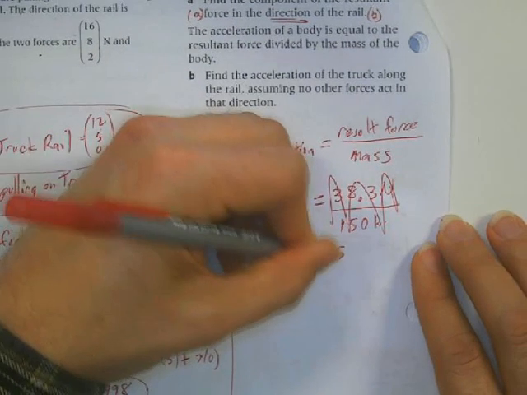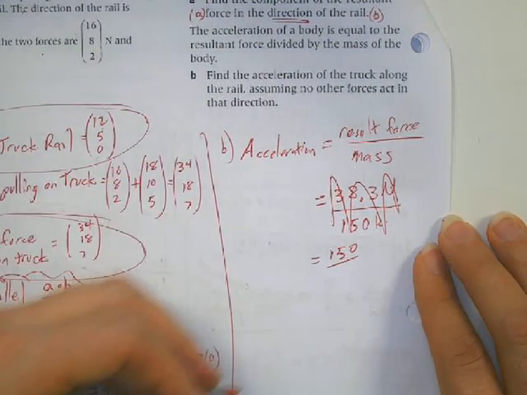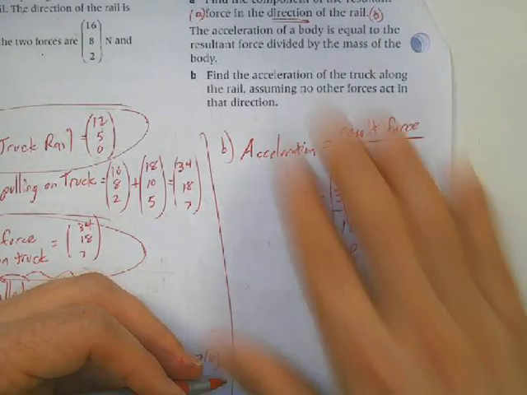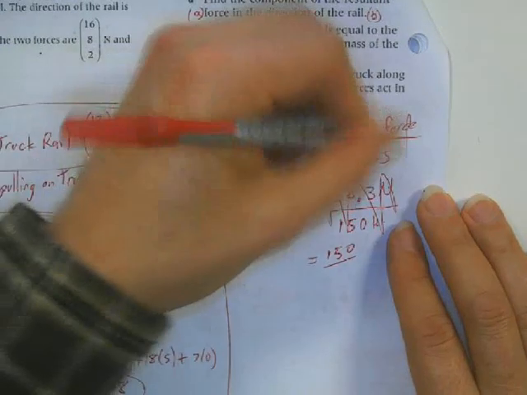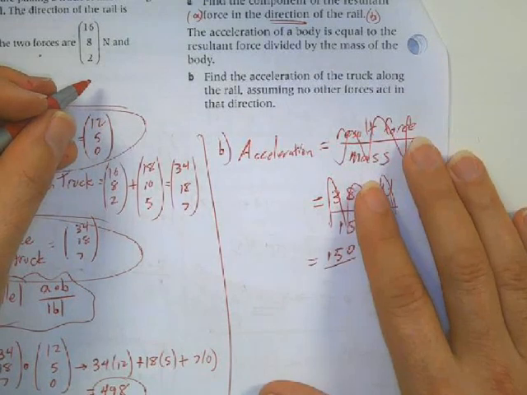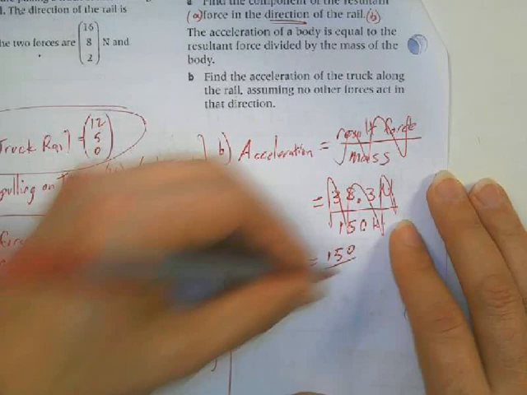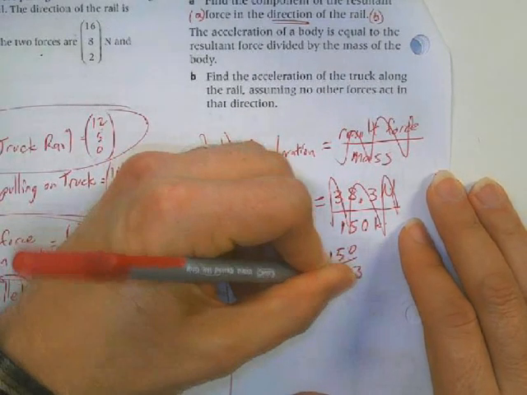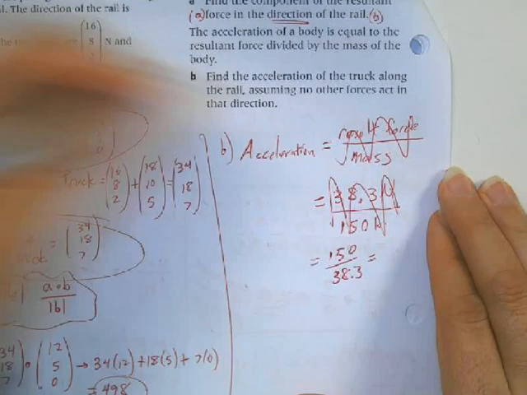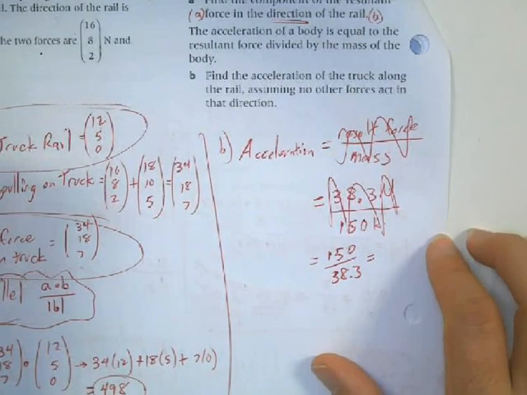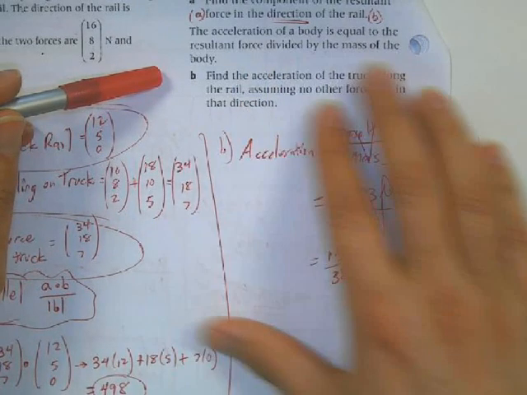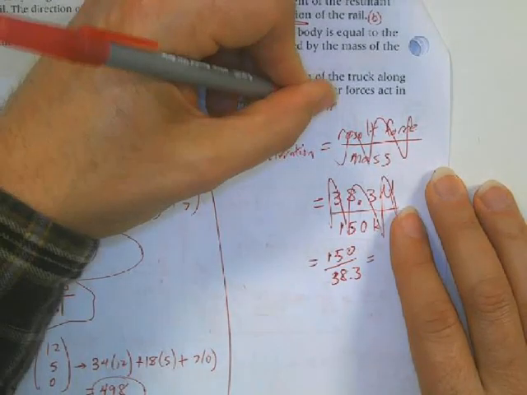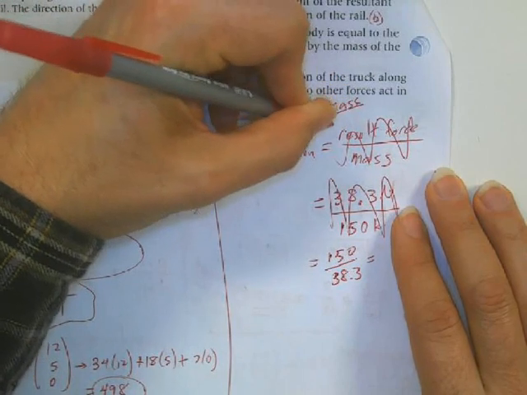The acceleration is equal to the resultant force divided by the mass. So it should be the force over the mass, 150.